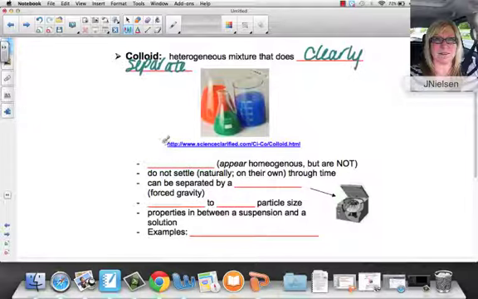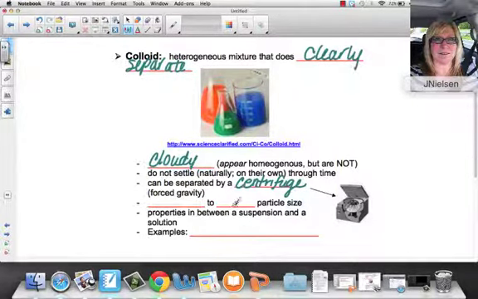They tend to be cloudy in nature. They appear homogeneous, but they're really not. They do not settle naturally on their own through time. They can be separated by a centrifuge. And that is a machine.